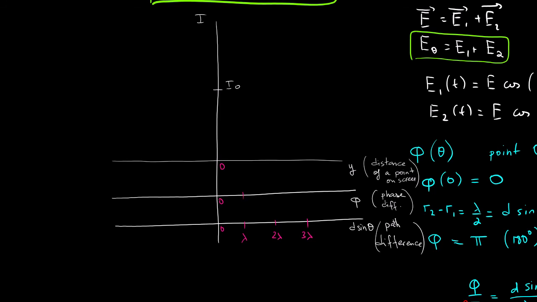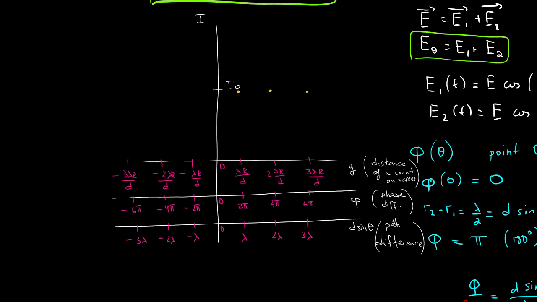One lambda will correspond to a phase difference of 2 pi, 2 lambda will correspond to a phase difference of 4 pi, and 3 lambda to a phase difference of 6 pi. For y, the first one is lambda r over d, the second is 2 times lambda r over d, and so on. So these points correspond to maxima.